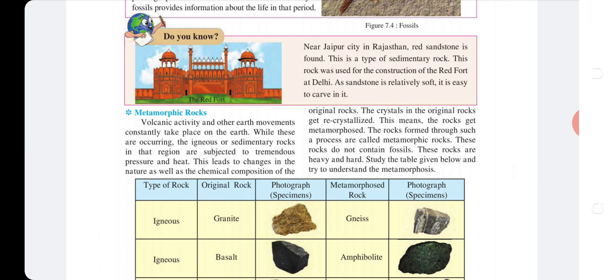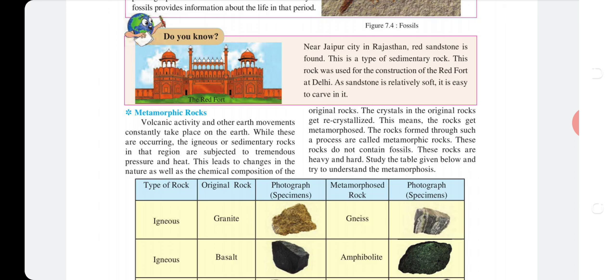The crystals in original rocks get recrystallized. This means the rock gets metamorphosed. The rock formed through such a process is called metamorphic rock. These rocks do not contain fossils. These rocks are heavy and hard.